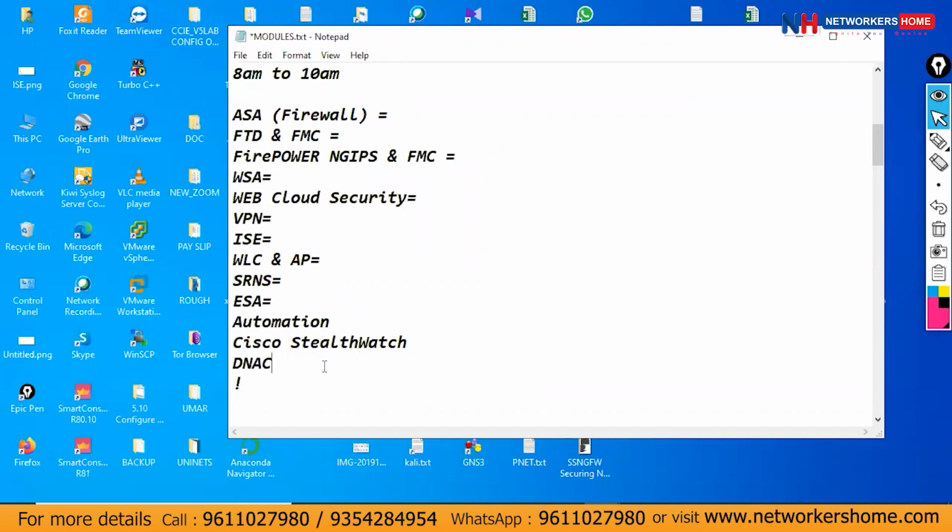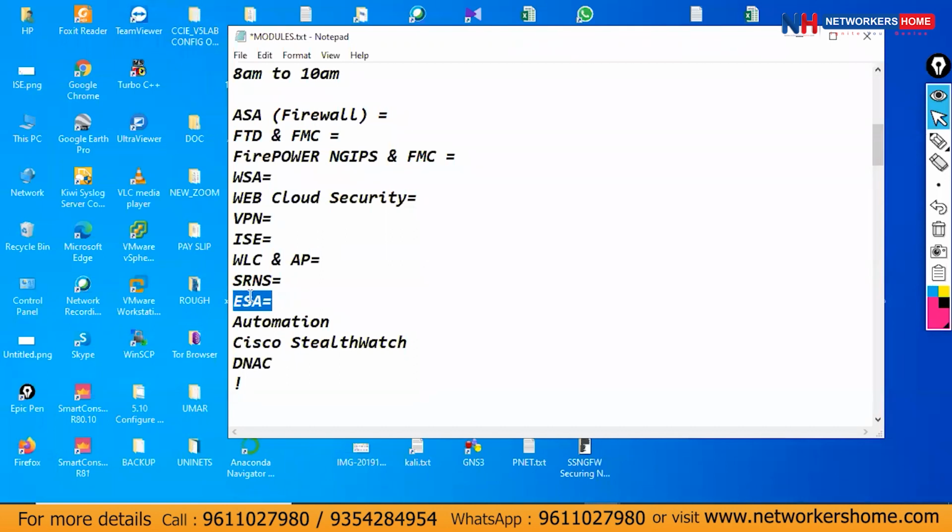But now, in your CCIE security lab examination version 6, you are going to get DNAC, Stealth Watch, and even some part of automation will be there. Not very tough, because it's the first time they are including some touch, around 2 tasks they will have in your CCIE security lab examination.